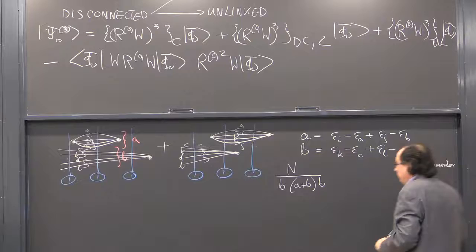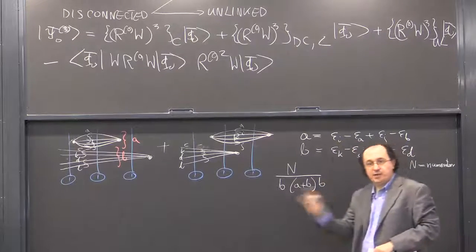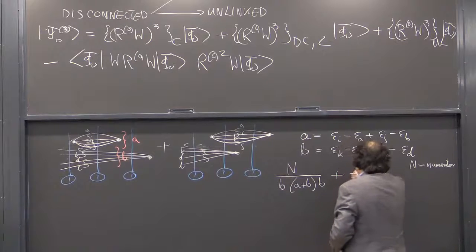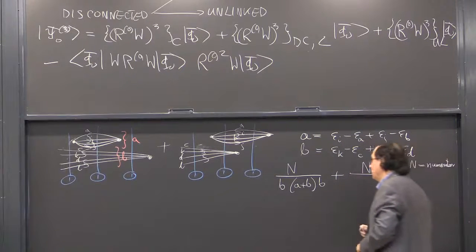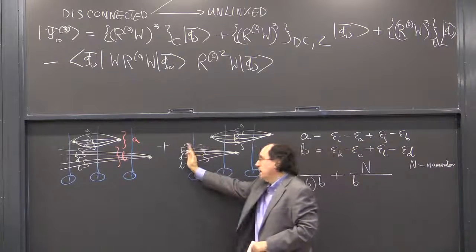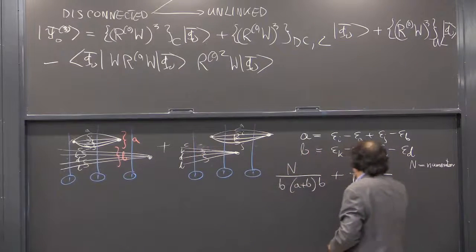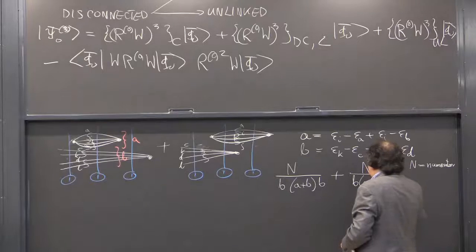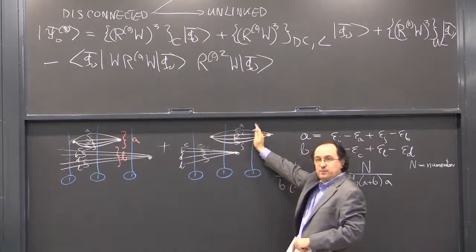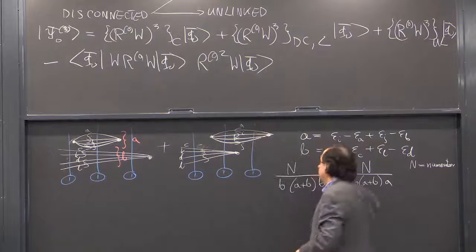Okay. And then, of course, you have to sum it over A, B, C, D, I, J, K, L. I'm not going to do that at all. That's obvious, right? And then the second diagram, if we use the same notation, has the following structure. Numerator over B, that's the B for the denominator. Then you have A plus B, and then you have A. Okay, because now in this place we're slicing lines that I call A here.